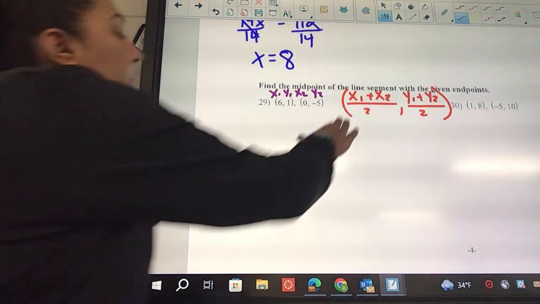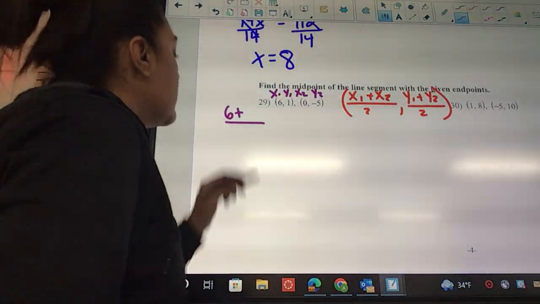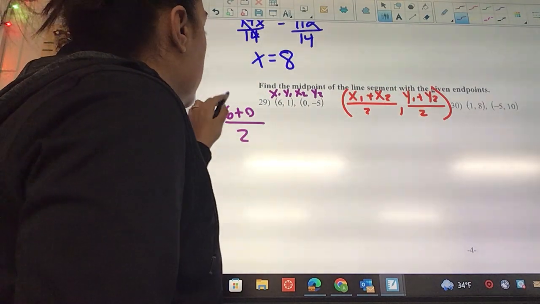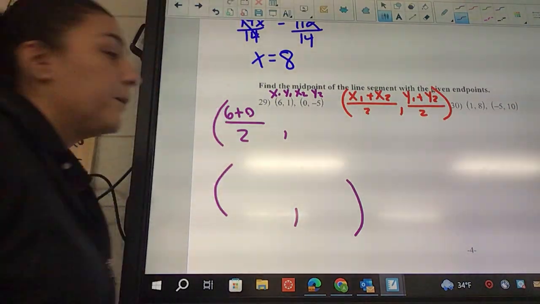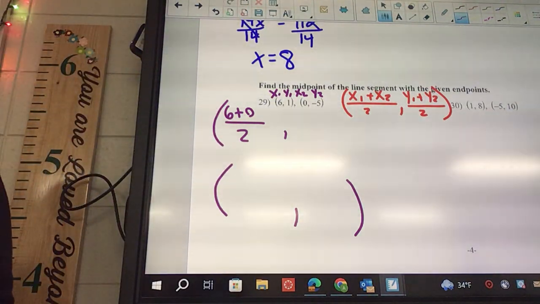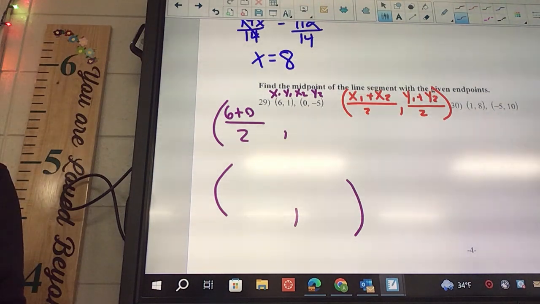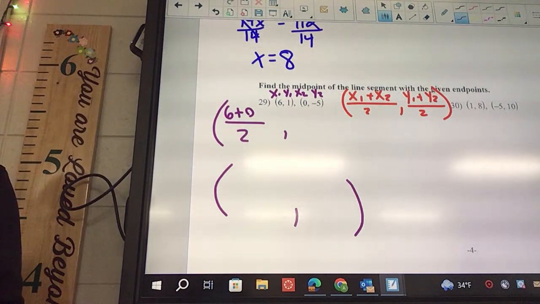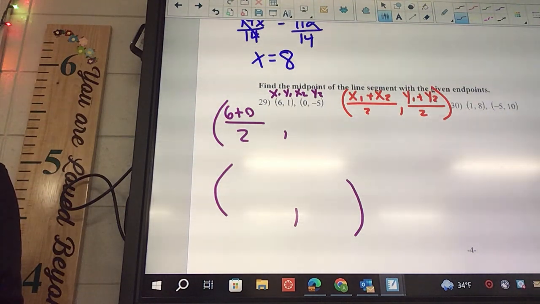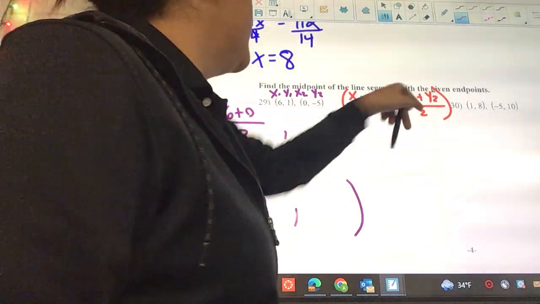If we start with this first one, what is my X1? 6. 6 plus X2, 0, over 2. Type that in your calculator, see what you get. 3. What'd you guys get? 3? Okay, the second one, we got Y1.